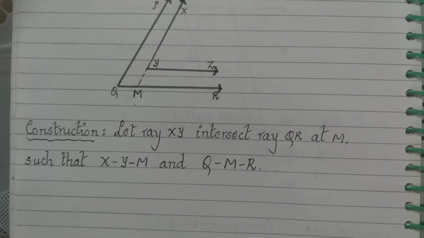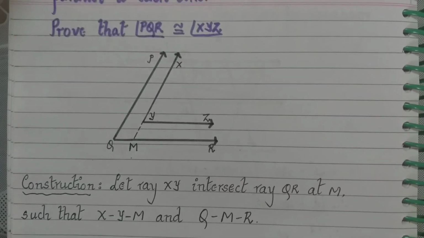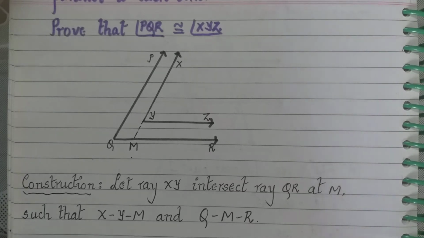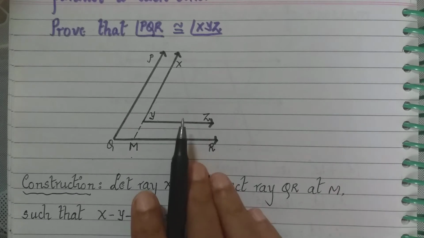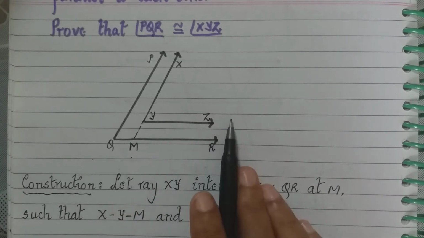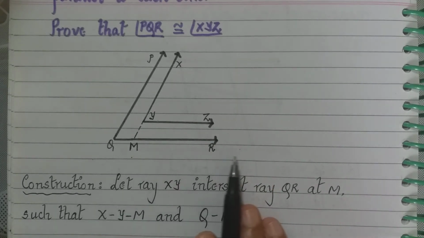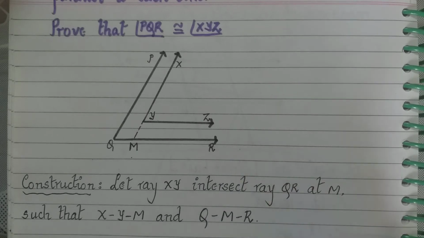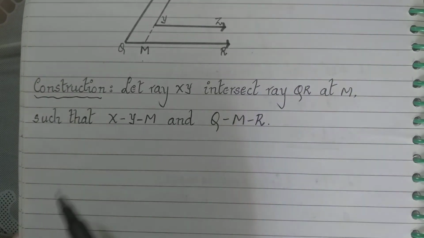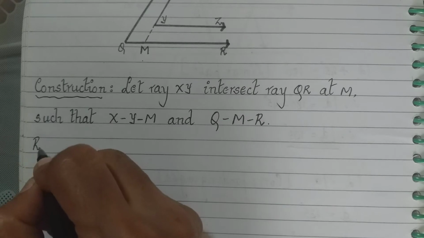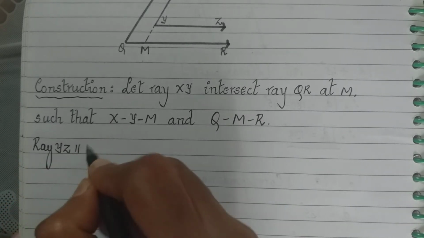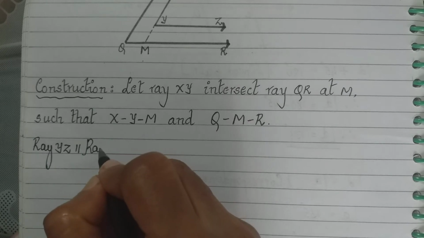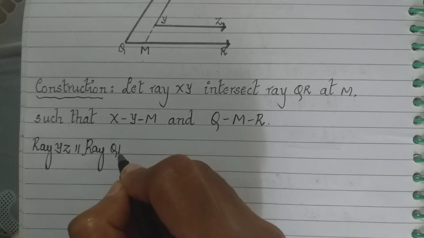Now how do we proceed? We see here, since they said that the sides of angle PQR and angle XYZ are parallel to each other, we can say that ray YZ is parallel to ray QR.